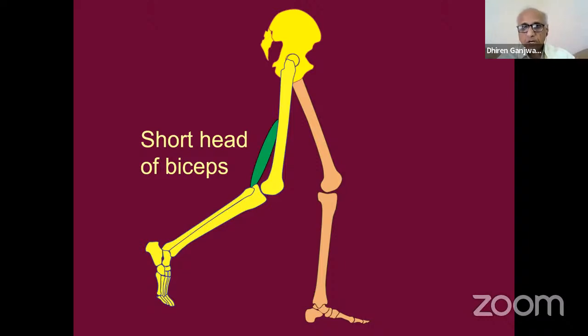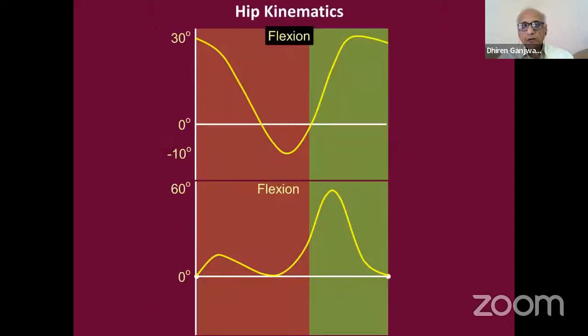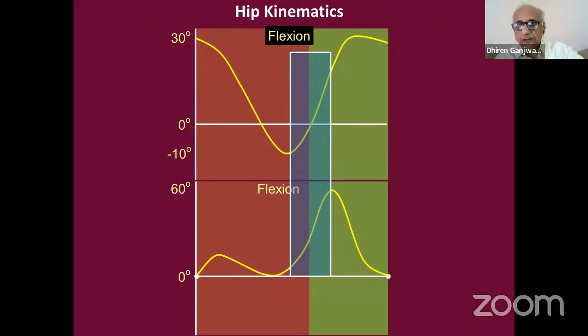But actually they are not, because if we look at the graph of the hip and knee together, we can see that in that phase, when the knee is flexing, the hip is also flexing. If the hamstrings, other than the short head of the biceps, worked, they would not allow the hip to flex. So it's mainly the short head of the biceps which works in this phase of the gait cycle.